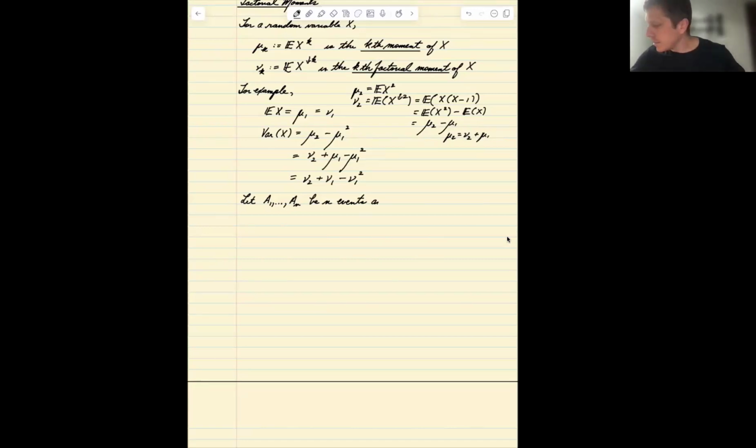And let X, the sum of the indicators of the events, be the number of events that occur.